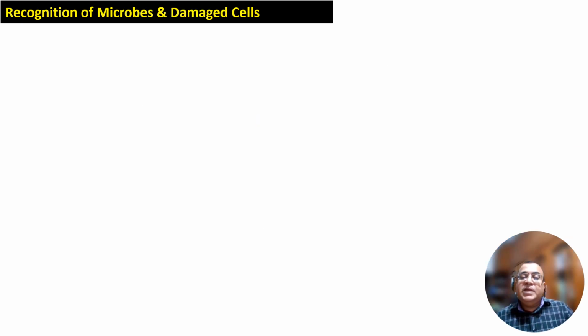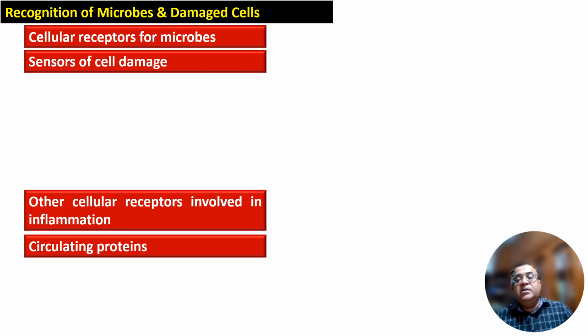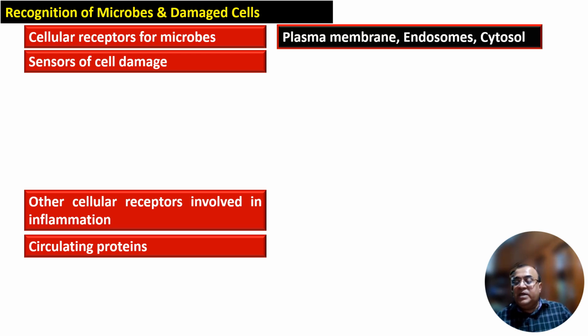So the first step in the inflammatory process is recognition of microbes and damaged cells. The body has specific mechanisms for recognition of the insulting agent. There are cellular receptors for microbes present on the plasma membrane, endosome or cytosol.